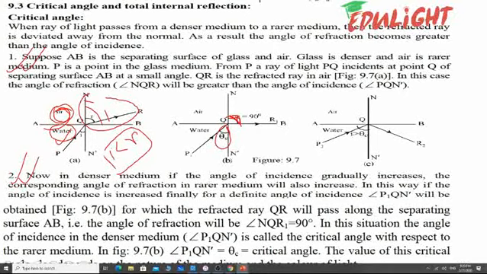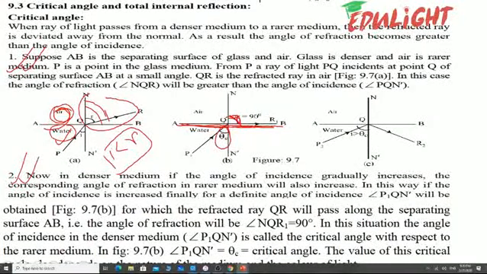For a particular incident angle, we get the refracted angle as 90 degrees instead of an angle less than 90 degrees. The refracted ray goes along the separation of the two media, which we have also discussed before.